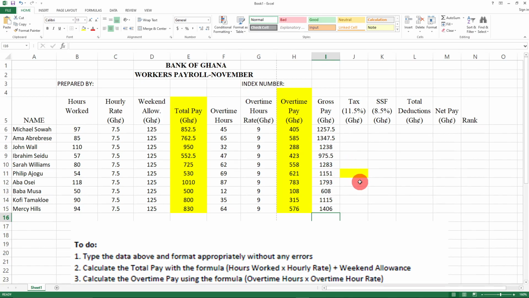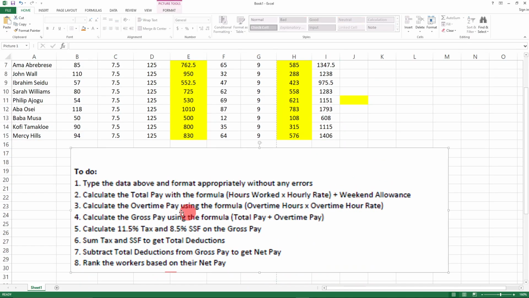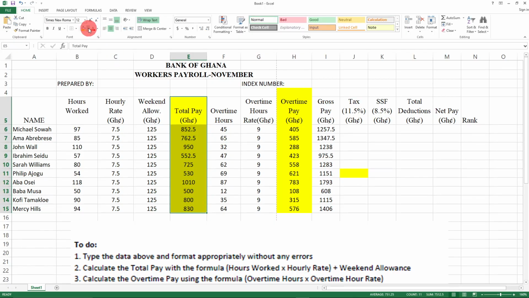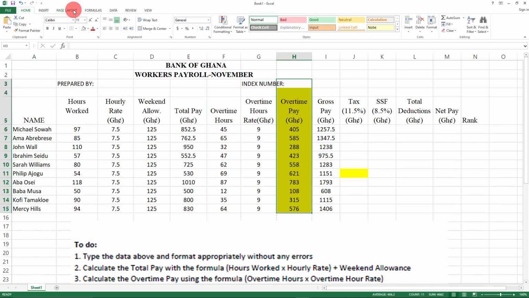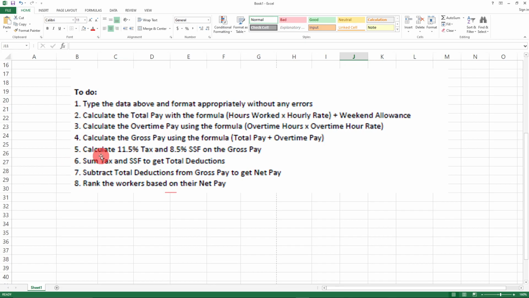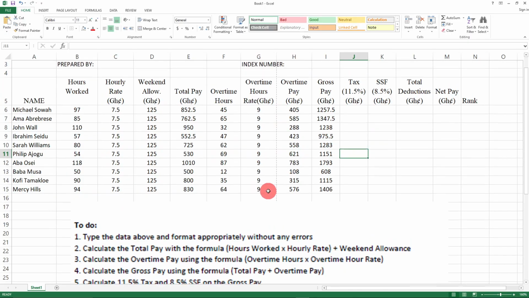Now let's move on. As I said earlier, if you don't understand anything, just comment, ask it under the comment section. Let me clear this. Okay, so now tax. Let's read the question. So that's number 5. Calculate 11.5 tax and 8.5 SNIT on the gross pay.